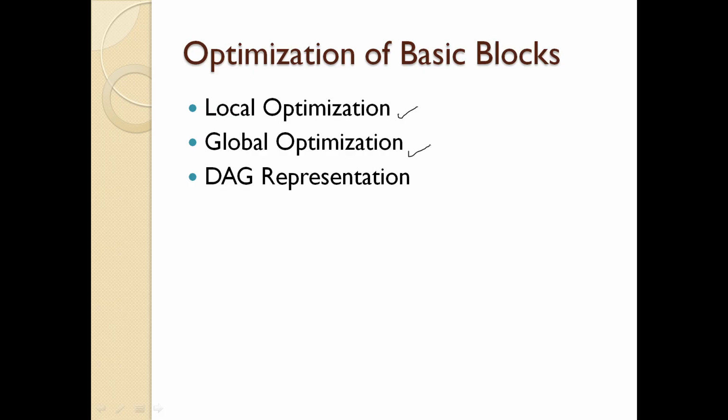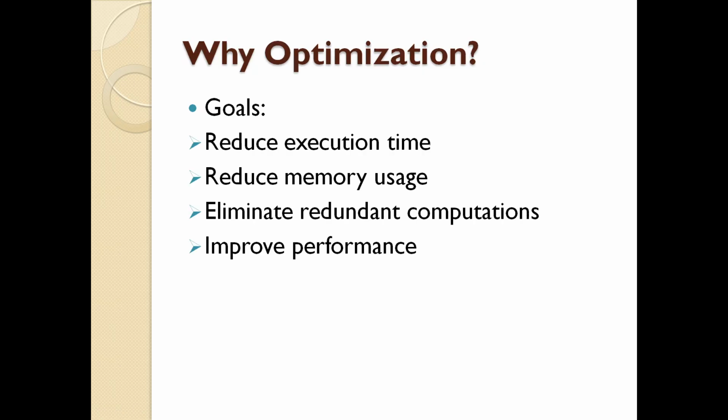Now we shall see how this optimization is important, what special structure, as I mentioned earlier, is used, and how to construct that special structure. Okay, so why is this optimization important? Because it reduces the execution time if we remove unnecessary instructions and repeated computations, and it reduces the memory usage also, and we don't need to compute an expression again and again.